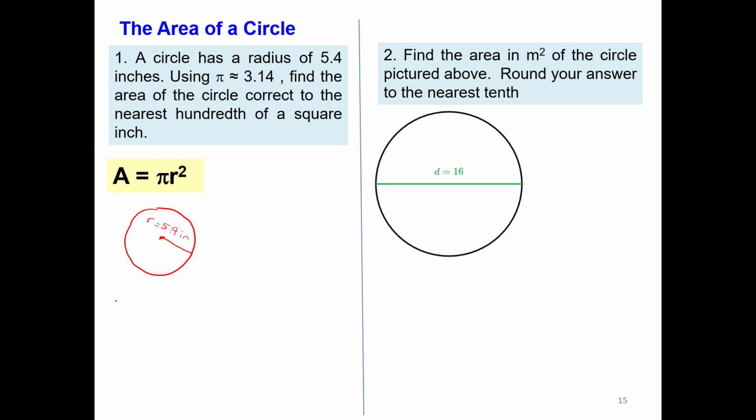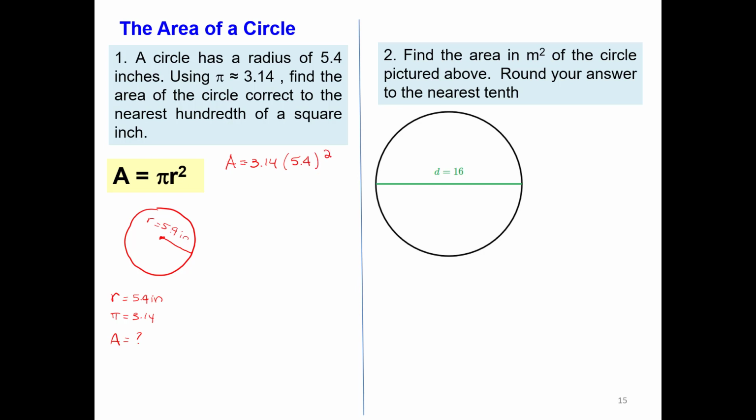Then we know the radius is 5.4 inches. The pi value is 3.14. Then we want to calculate the area. If we apply this equation, the area equals 3.14 times 5.4 squared.